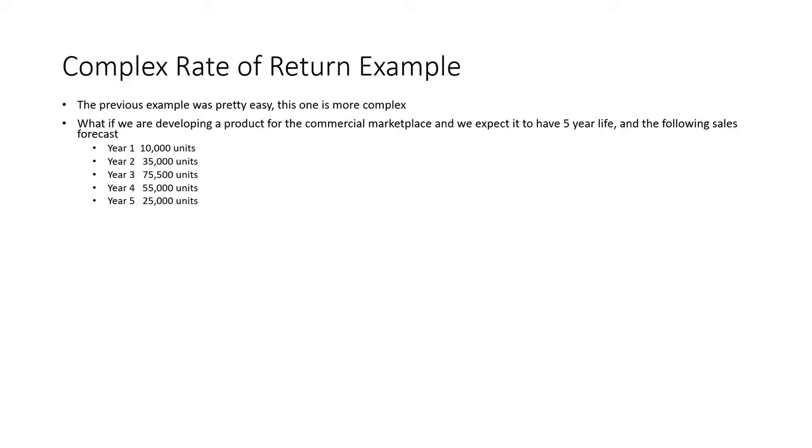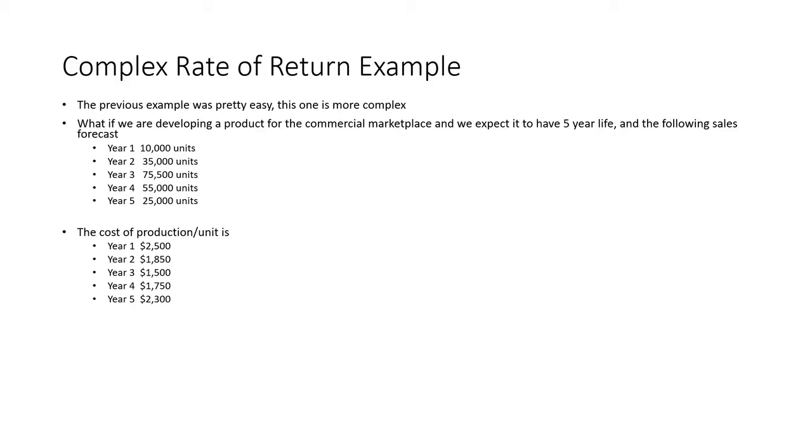Over that same period of time, we've calculated that the cost of producing a unit of product varies year by year because the number of units we're selling and producing varies year by year. In year 1, the cost per unit to make the product is $2,500.